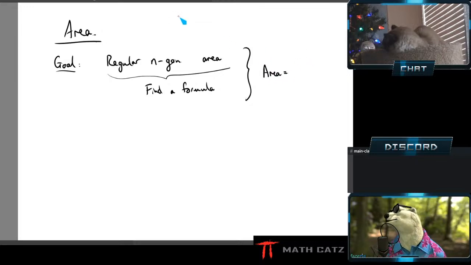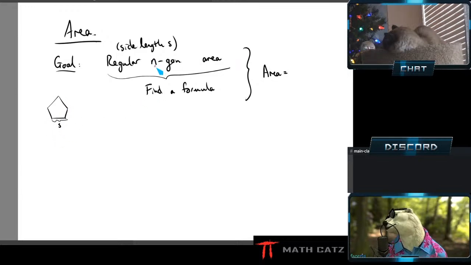If I have a polygon, let's say here the side length is called S, S for side length. So maybe I have a little pentagon here, it's regular. Each side length is S, right? S all the way around. And I have 5 of them.